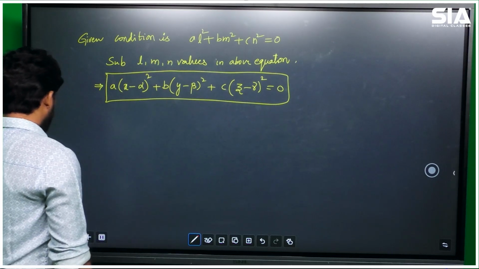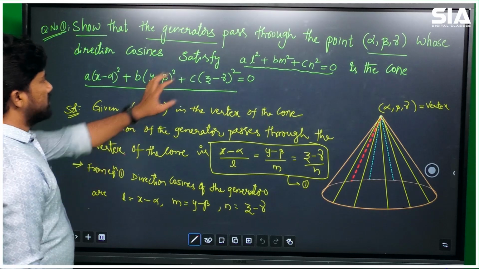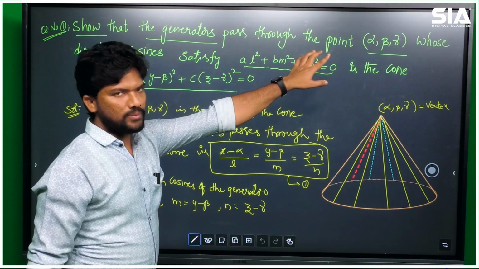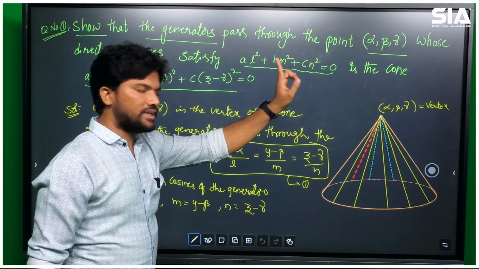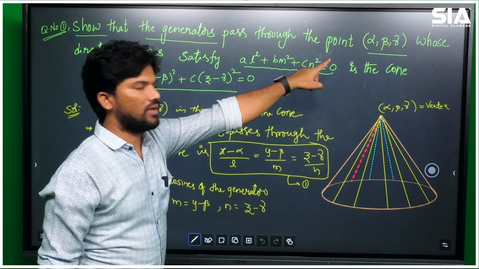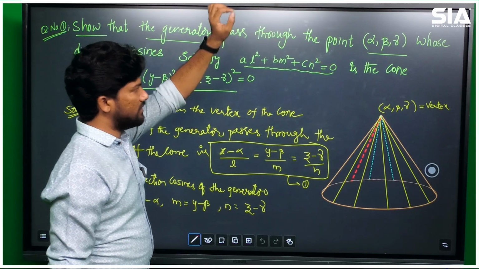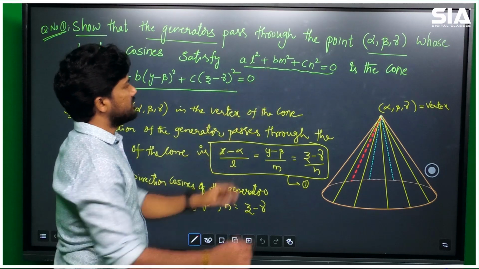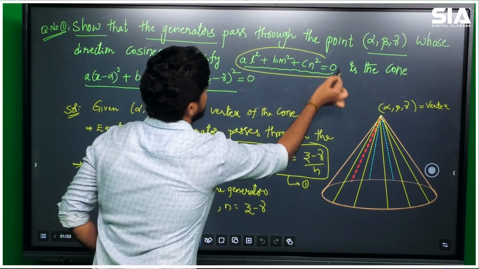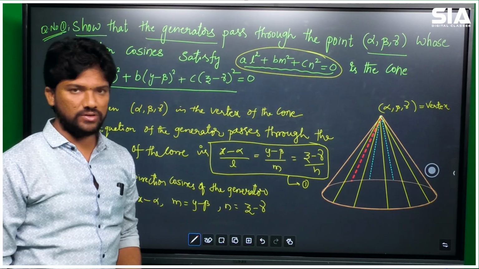So what we discussed in this problem: they have given one vertex of the cone, all the generators pass through one point only, and the direction cosines of the given generators satisfy one common condition, that is a l square plus b m square plus c n square equal to 0.